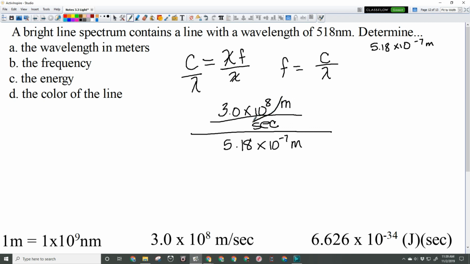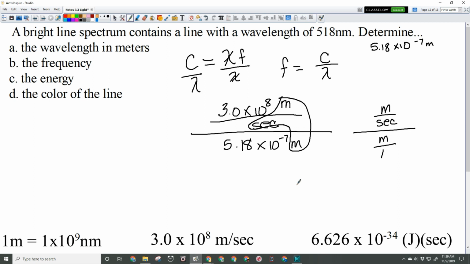I'm going to work with my units first and get my units all taken care of. Looking at just my units, I have meters over seconds divided by meters. If we make that a fraction like this one, it's going to be meters over 1.